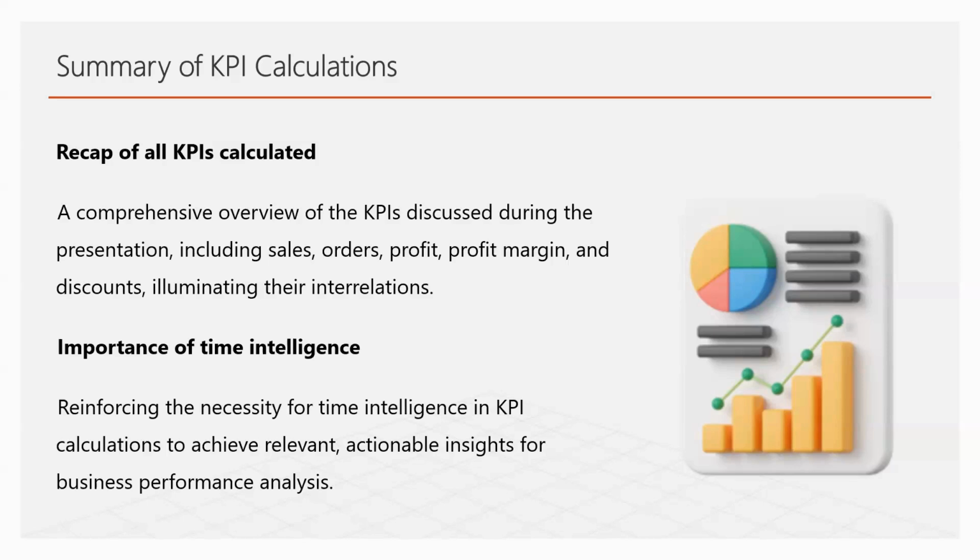Then we also have to make a new measure for profit margin last year. So now we will change the name to profit margin last year, sales amount to profit margin.